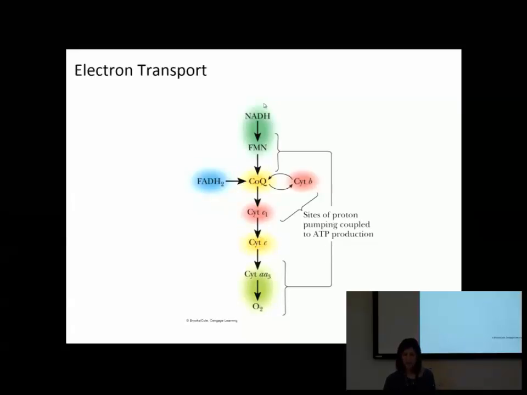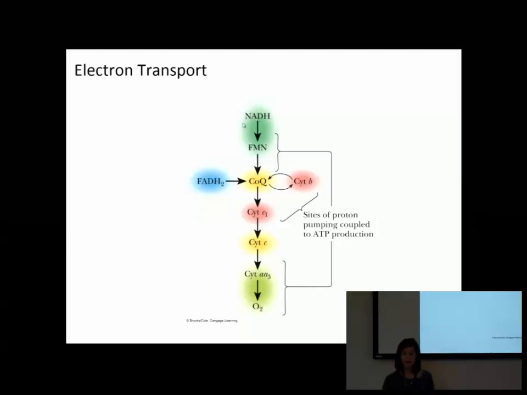So in each of these complexes, complex 1, complex 2, complex 3, and complex 4, they're much more complex than what I'm showing here. But you can see that we're starting out with complex 1 and complex 2 with our reduced coenzymes.